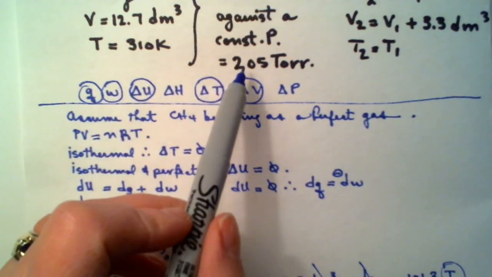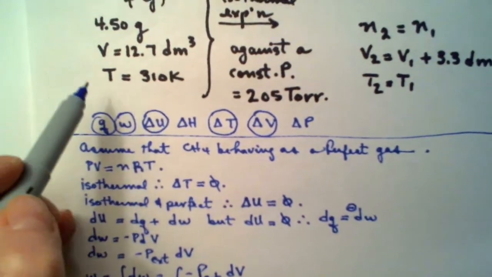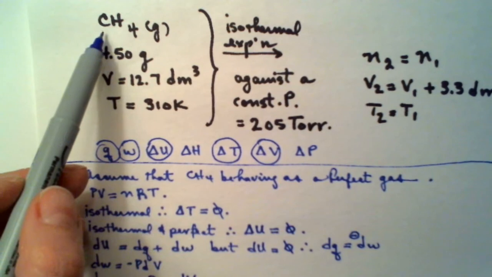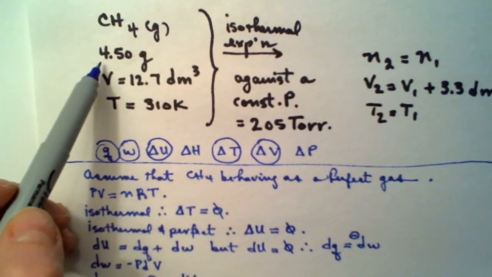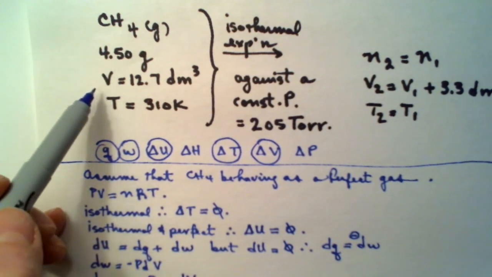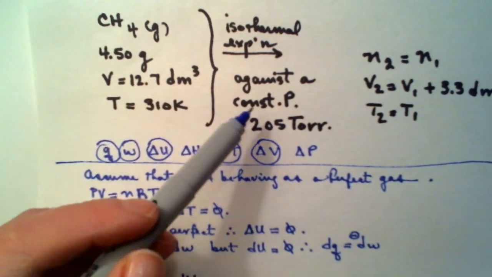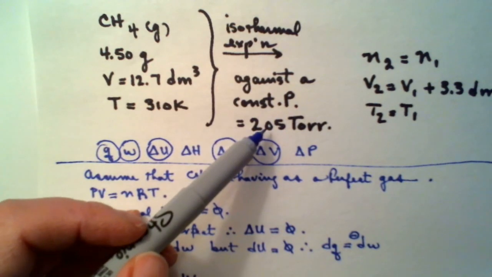It is a constant pressure change, but I'm just wondering, what was the pressure here? See, I'm actually given enough information. If I use 16 grams here per mole, and get the number of moles, and I'm assuming that it's perfect, so PV is equal to nRT, I can actually find my initial pressure before it was changed to 205 on the outside, 205 torr.